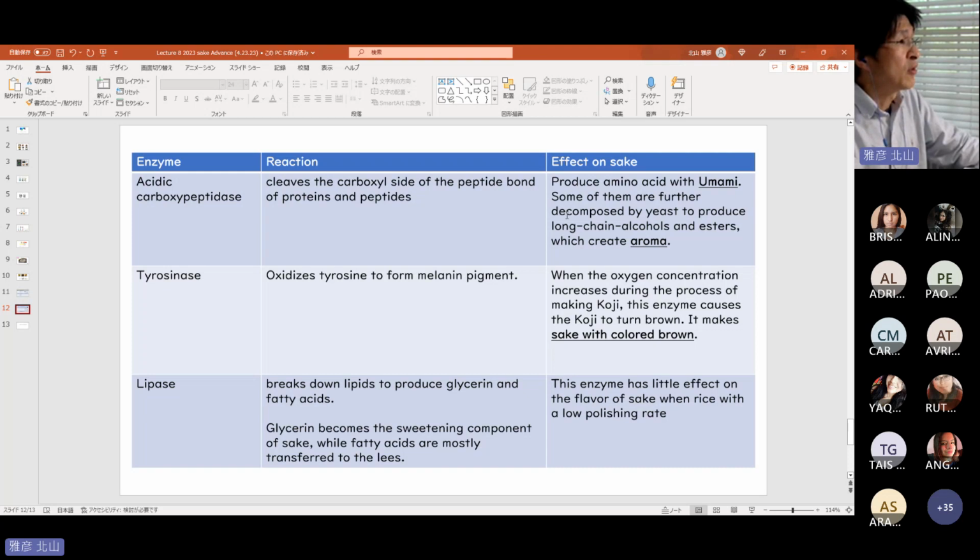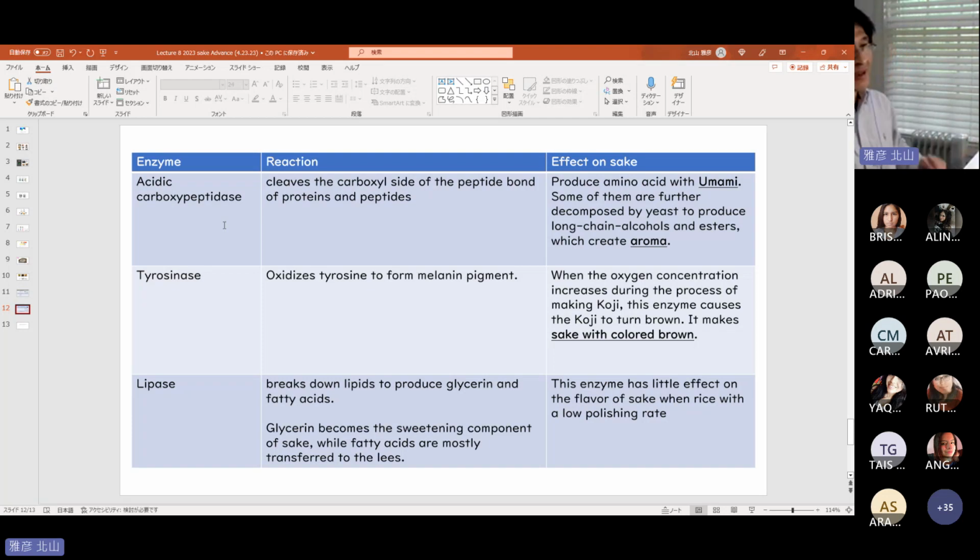Yeast will decompose the product, but this peptidase produces them, and long-chain alcohol or ester will be made by yeast. It makes aroma. So this enzyme activity, acidic carboxypeptidase, is another important factor to select the koji fungi.